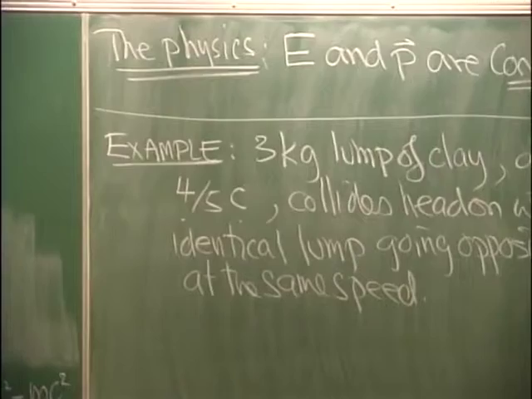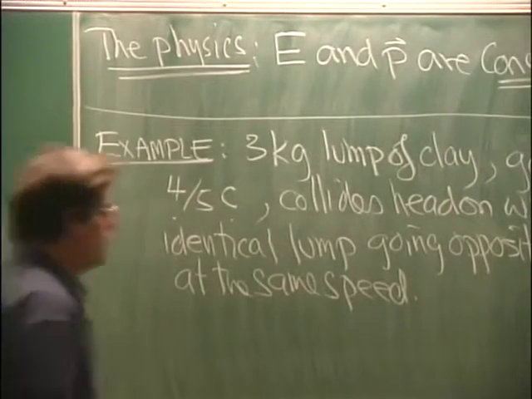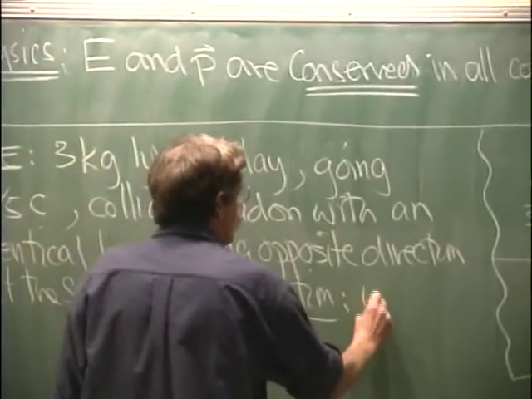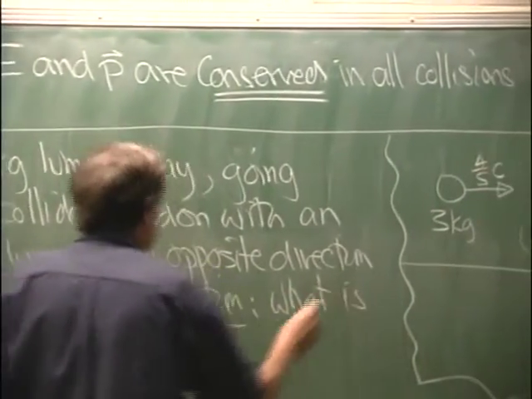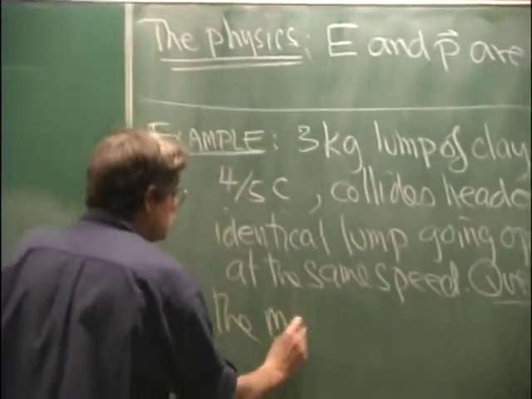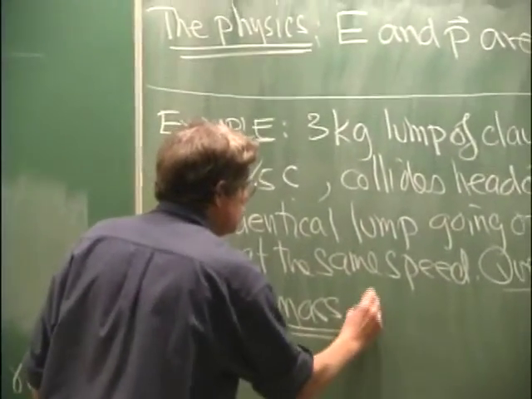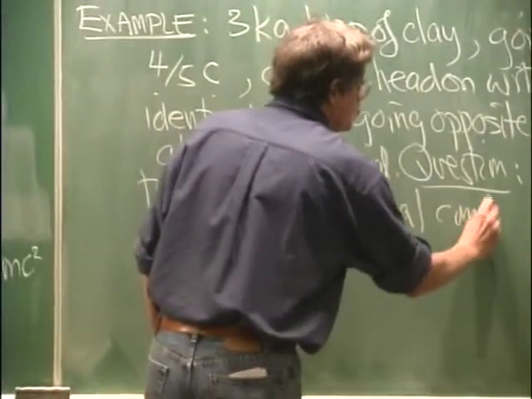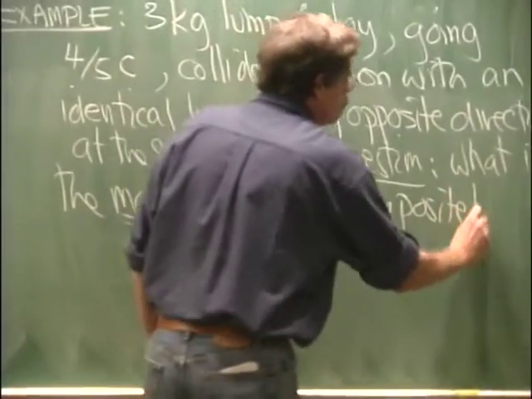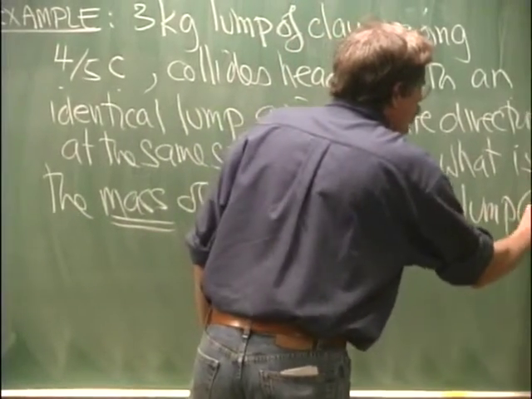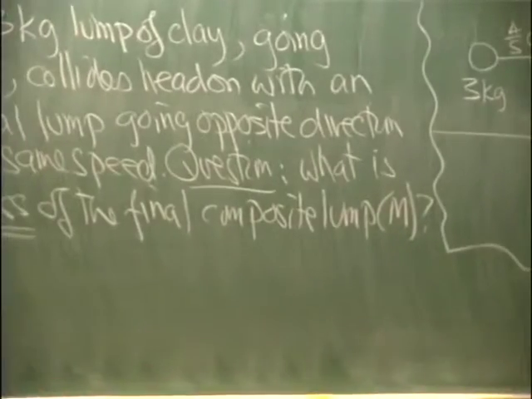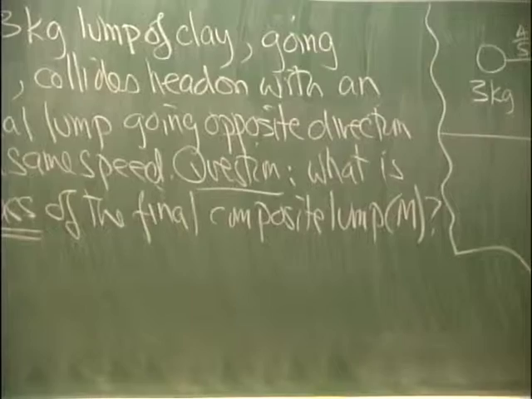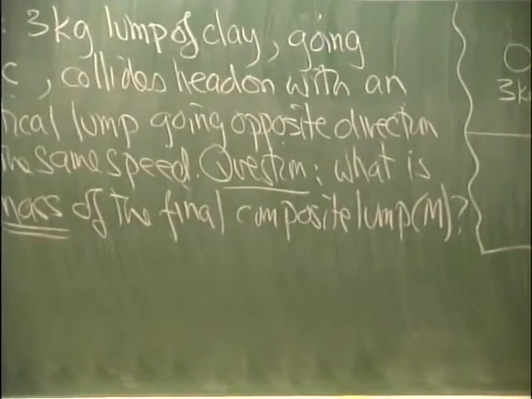Question: what is the mass of the final composite lump? Call it capital M. If you think the answer is 6, not a bad guess, but you're in for a big surprise.